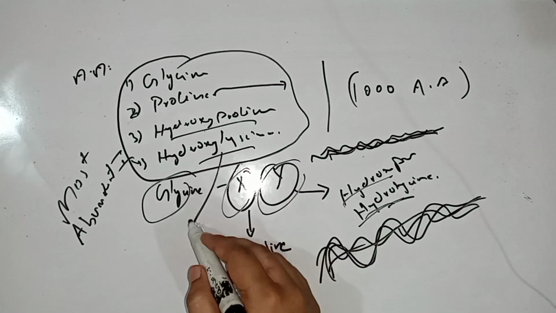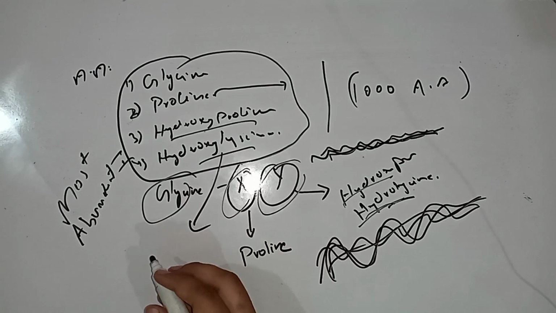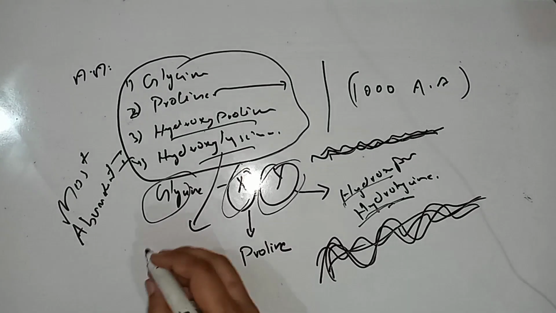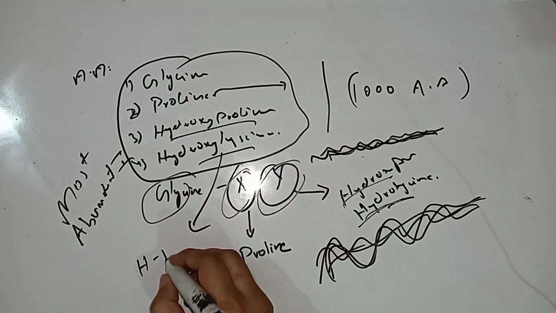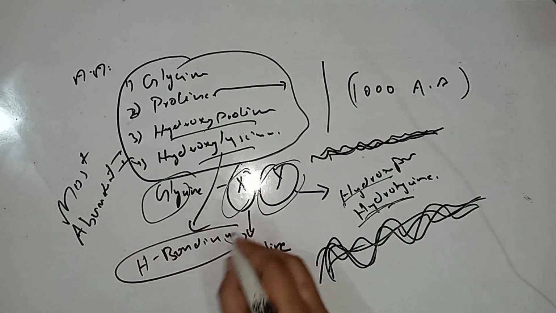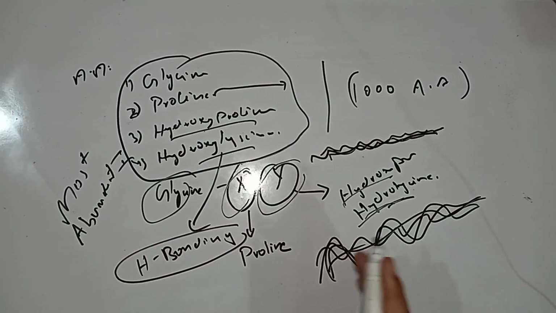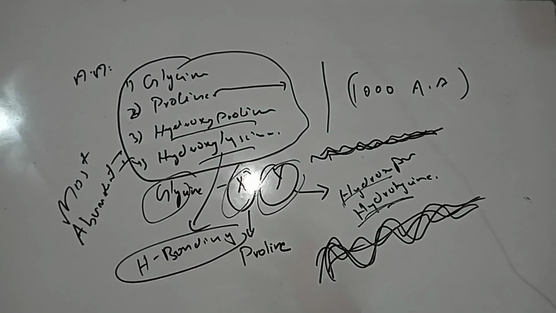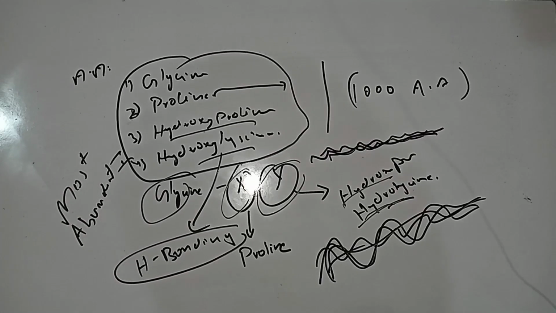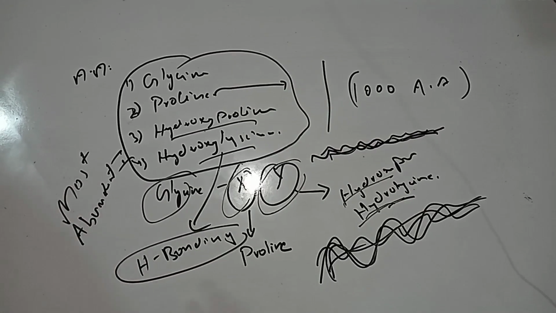And this hydroxylation increases the hydrogen bonding in the collagen chains, and this hydrogen bonding stabilizes the structure of the collagen. And this hydroxylation usually occurs after translation, when the polypeptide chain has been formed, then the amino acid is modified by hydroxylation. So, it is a post translational modification.